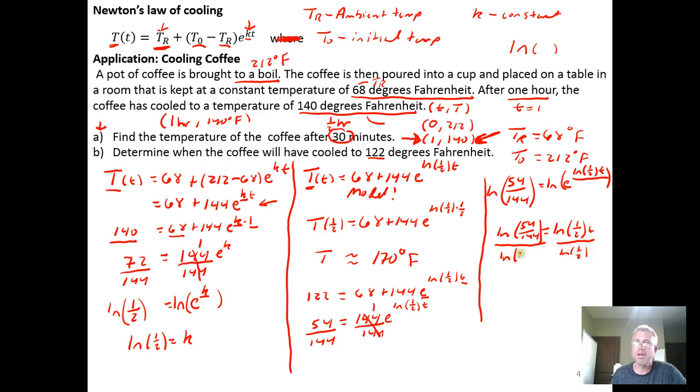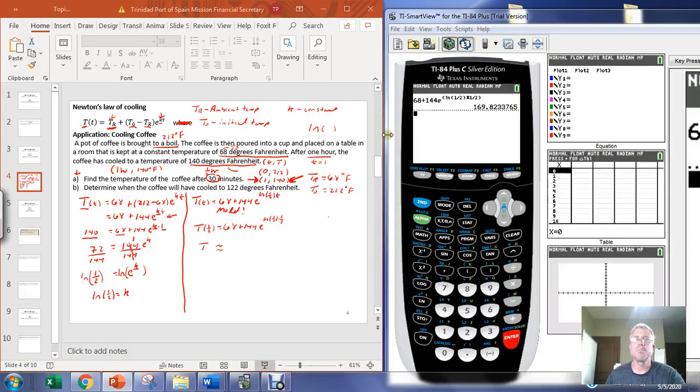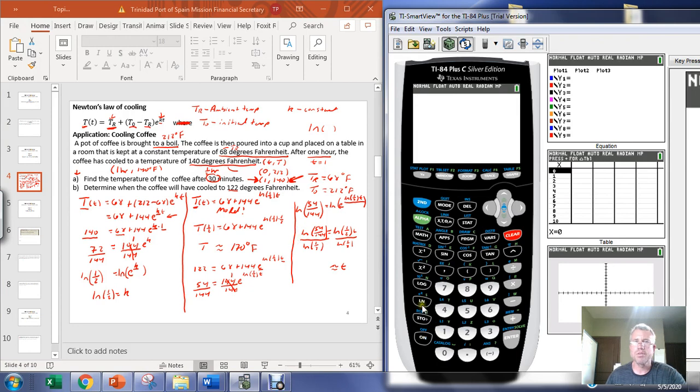So our time is going to be approximated by this ratio here, so we'll go ahead and get that with the calculator. I'm going to keep those changes and go to the calculator.